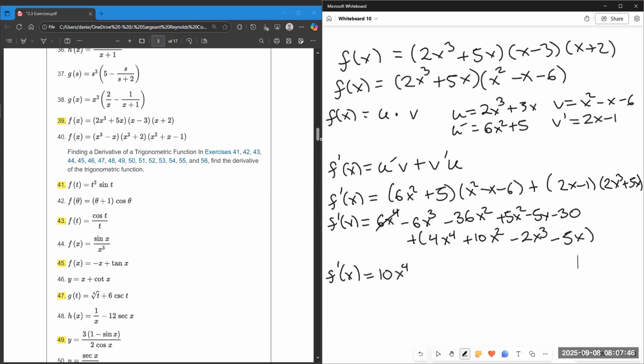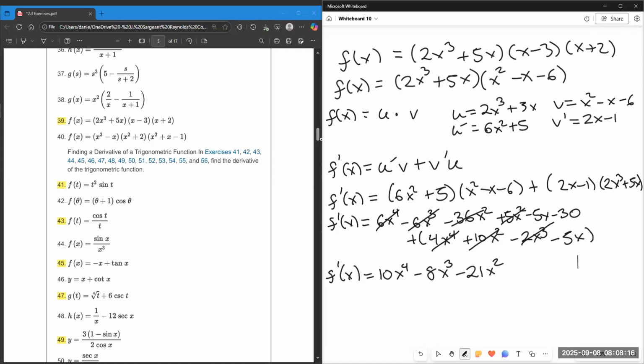to the 4th. Now I'm going to look at my x cubed terms. Negative 6 and negative 2 is negative 8x cubed. Now I'm going to look at my x squared terms, and there's a few of them. So negative 36 plus 5 is negative 31, plus 10 is negative 21 x squared.